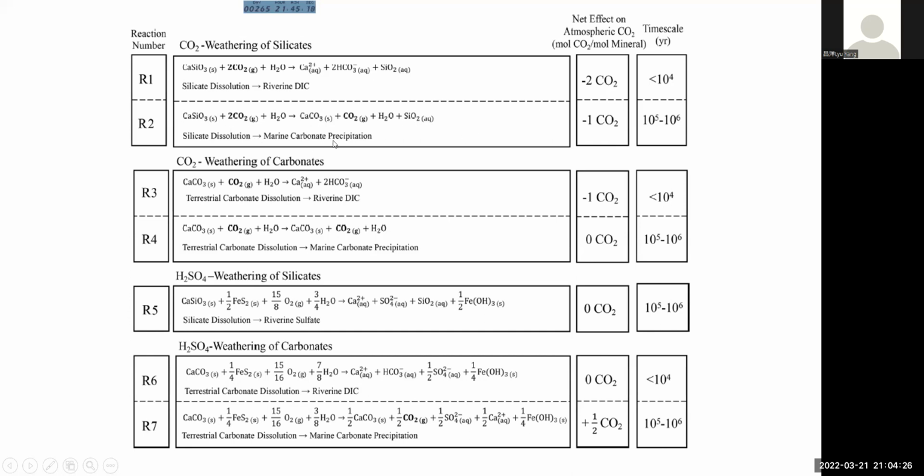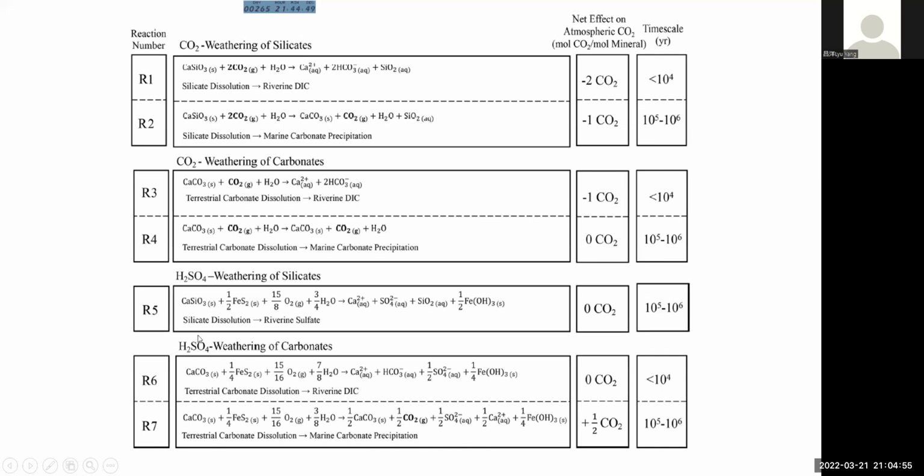However, during the marine carbonate precipitation, we lose 1 mole of carbon dioxide, like 1 mole is released into the atmosphere again, and only 1 mole of carbon dioxide is sequestrated. In case of carbonate, this net amount of carbon dioxide lost is 0. And in case of silicate weathering by H2SO4, this net loss of carbon dioxide is 0 from the atmosphere.